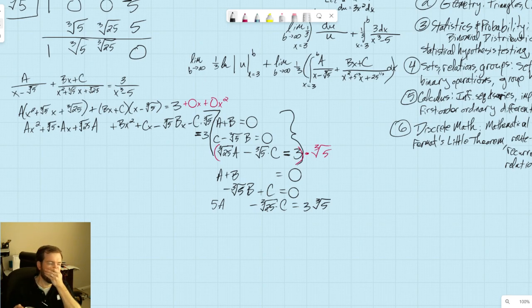parameterization, U substitution. It kind of goes with Calc 2 for at least our class. So when you start doing parameterization, you start trading out variables. That's where it gets a little bit different.